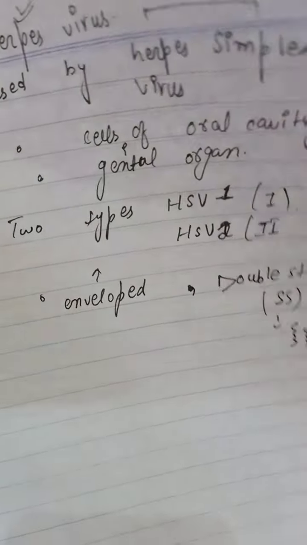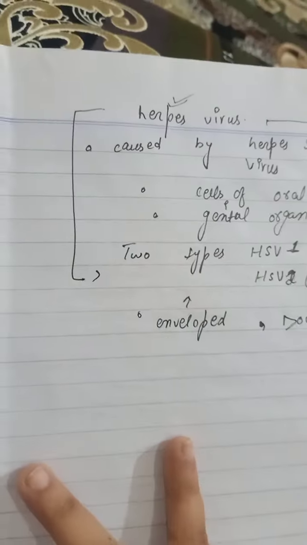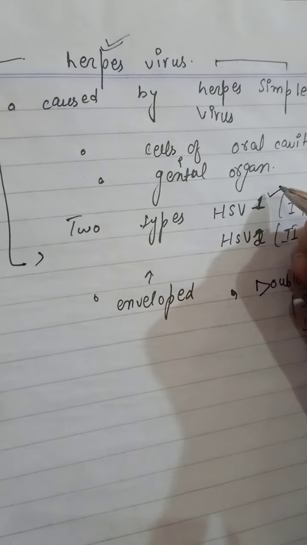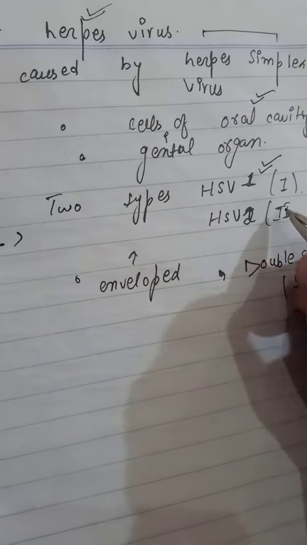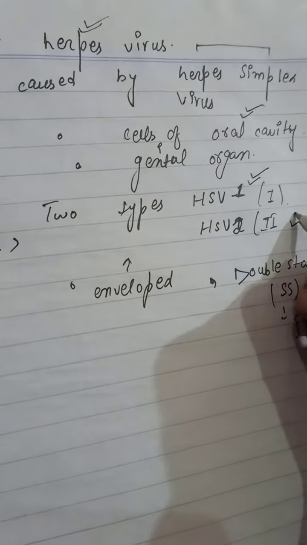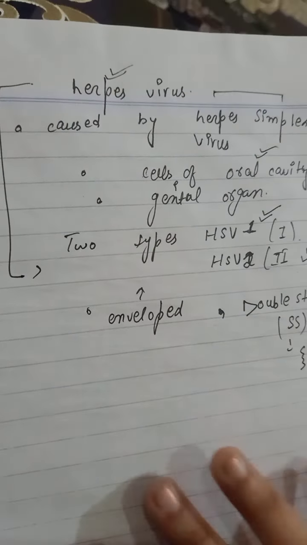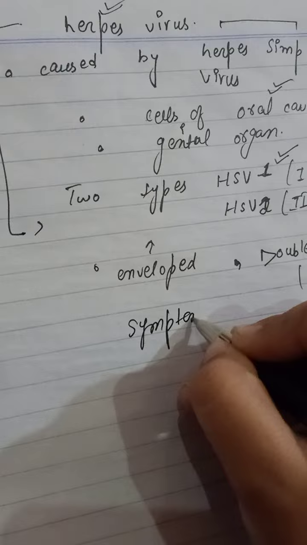Their genome is double stranded DNA. Now let's talk about HSV1. HSV1 affects the oral cavity, and HSV2 affects the genital organs. Okay, clear?